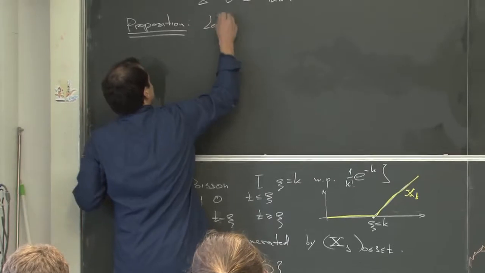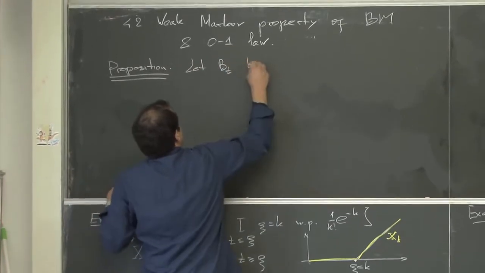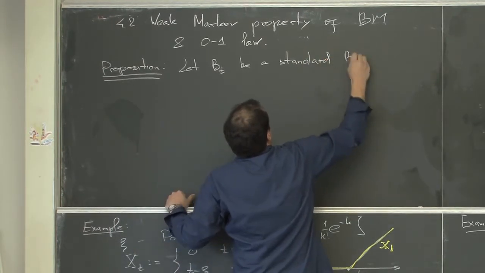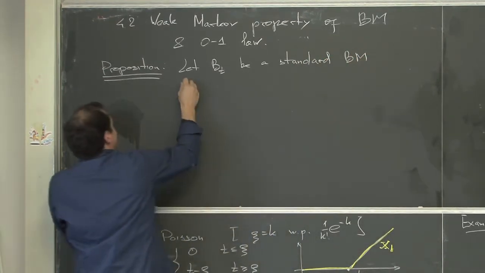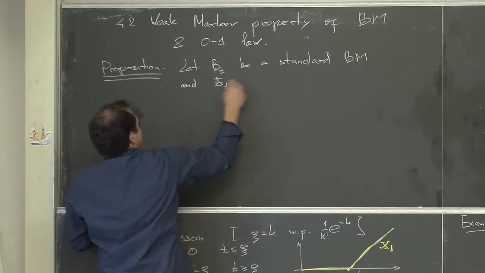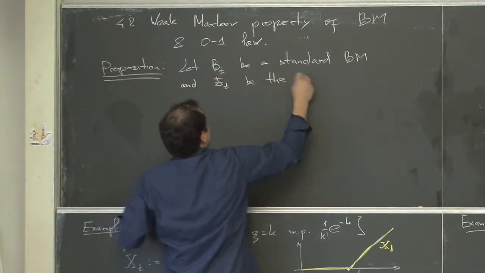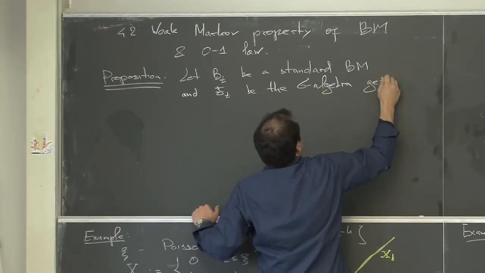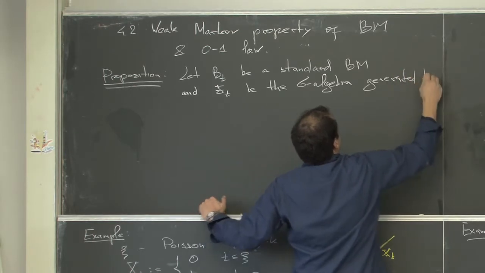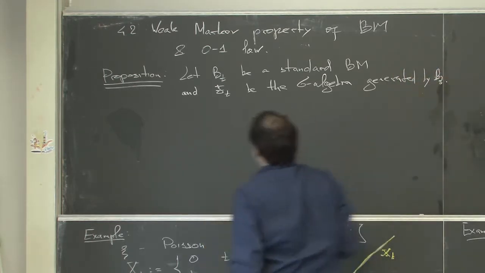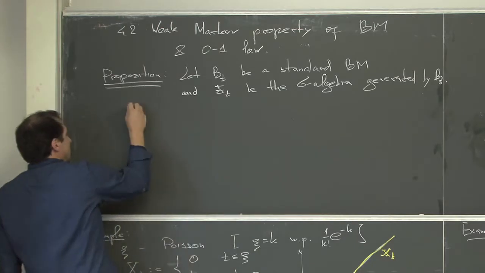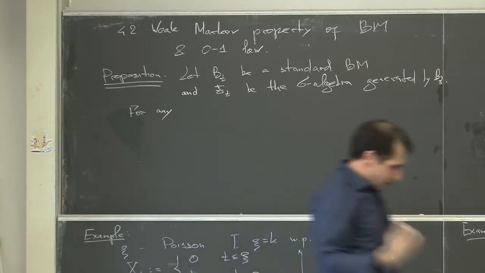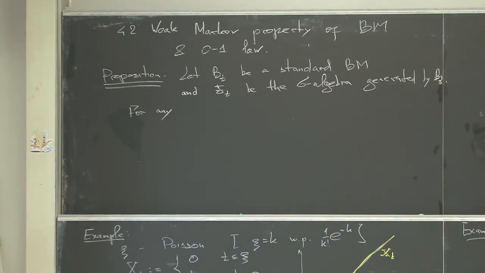So let B_t be a standard Brownian motion, and F_t be the sigma algebra generated by B_t. Then imagine we have some deterministic time, some s.